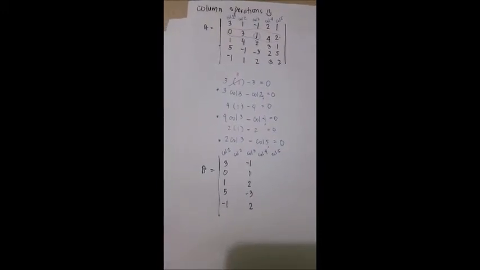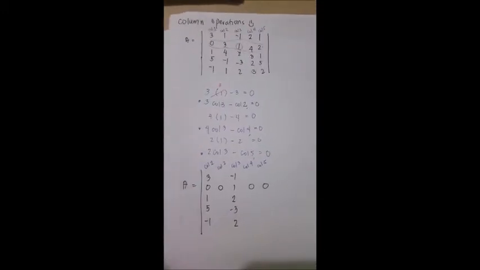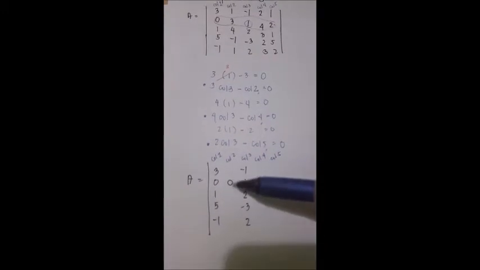So, therefore, alam na natin na magiging 0 siya. 0, 0, and 0. Okay. So, we just have to fill these parts by using these equations. Okay, so first natin i-fill yung column 2.